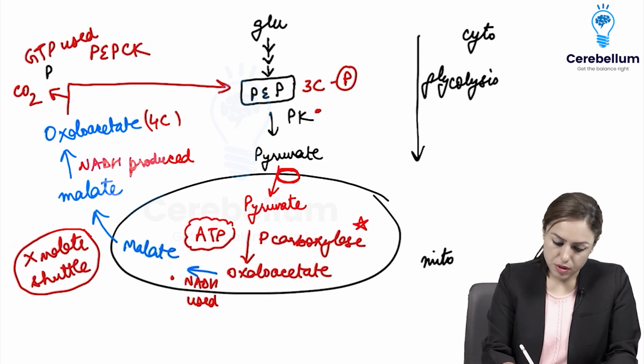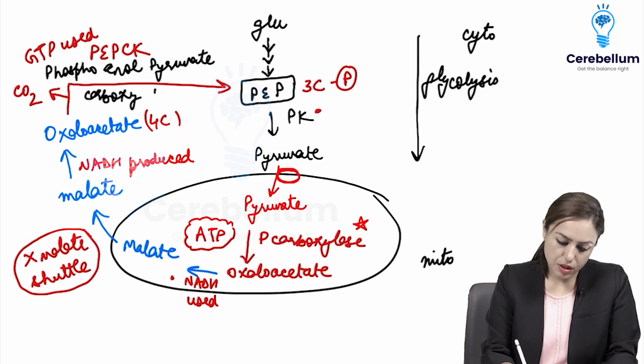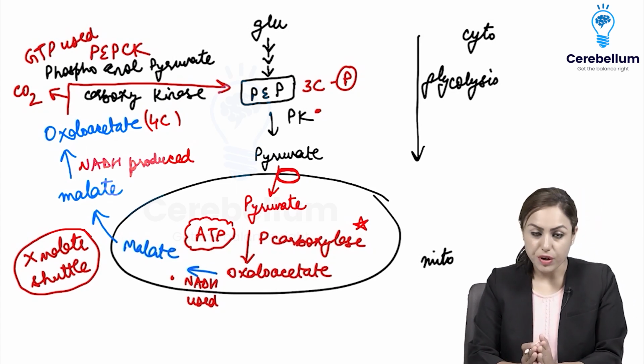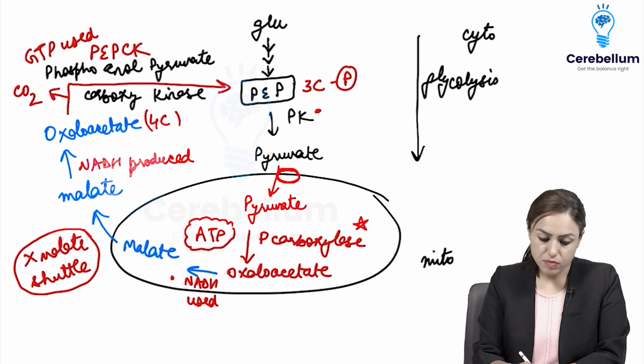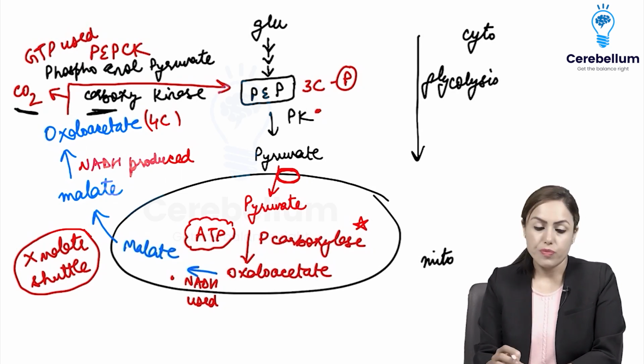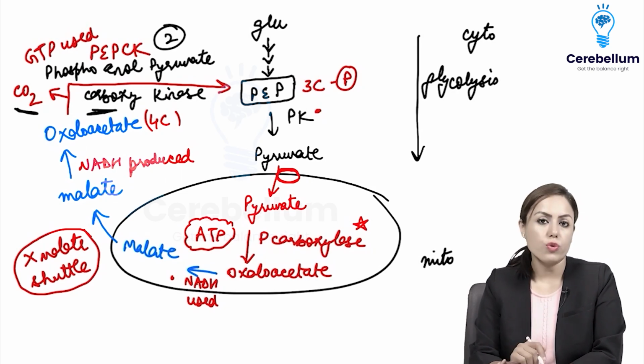Full form is phosphoenolpyruvate carboxykinase. Okay, the name of this enzyme is very, very different. Actually decarboxylation is occurring, but they are writing the name as carboxy, right? So this is the second important enzyme of gluconeogenesis.